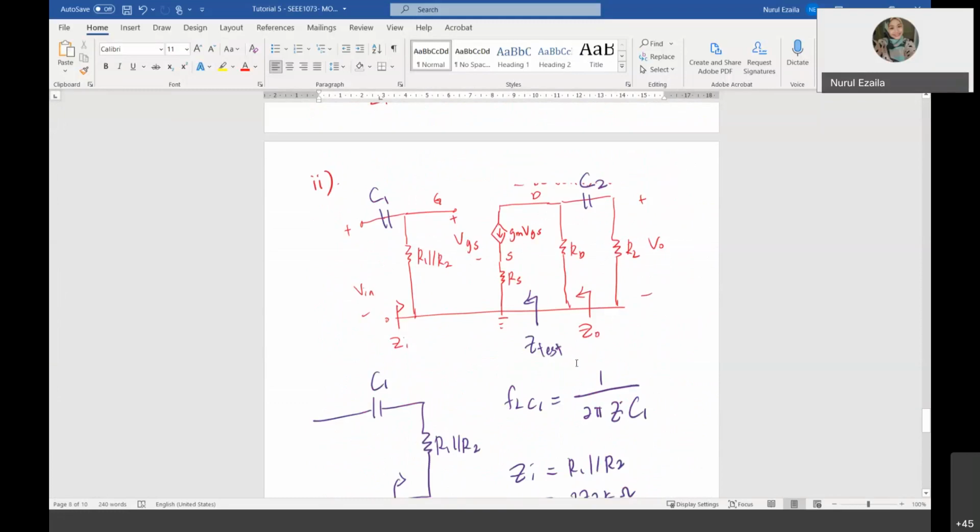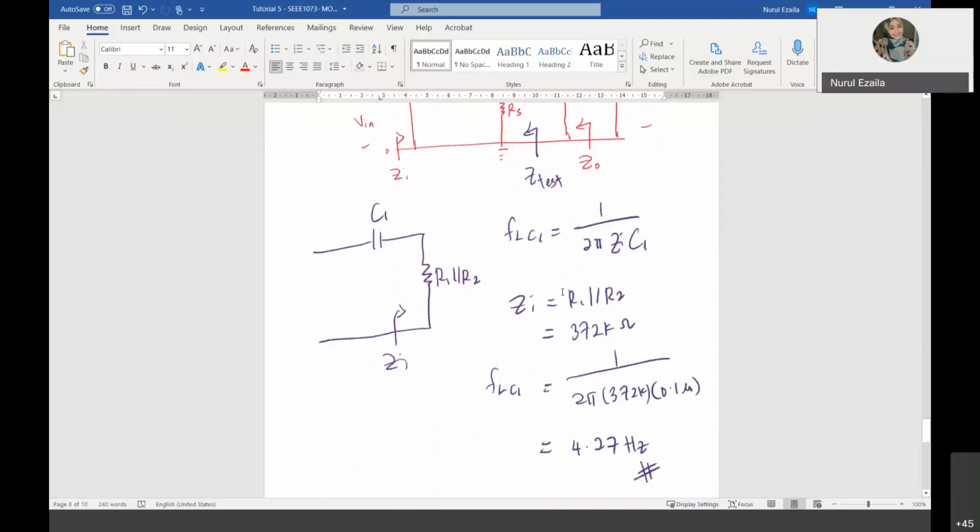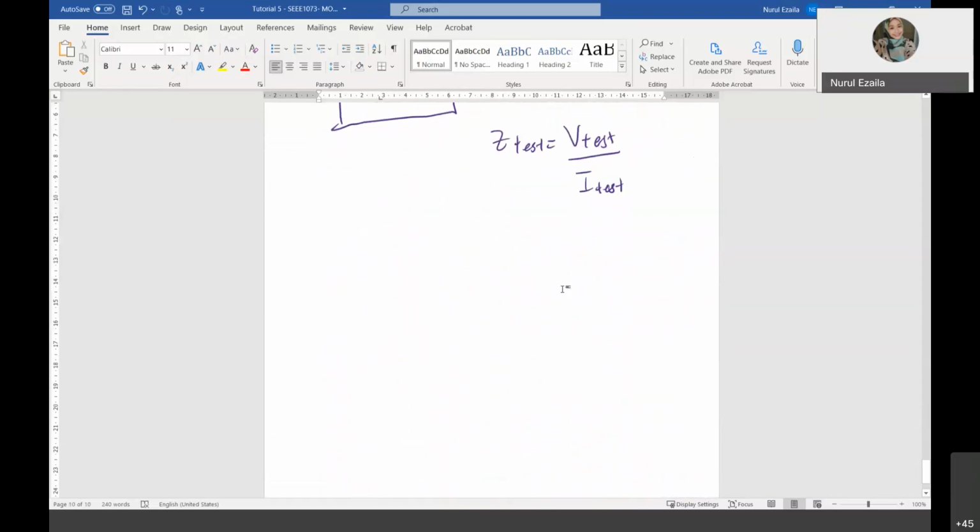If you look at the slide just now, Z test is V in over Vn. So what you can do is inject voltage at the drain to source, and then you find Z test. This is how you can do it.